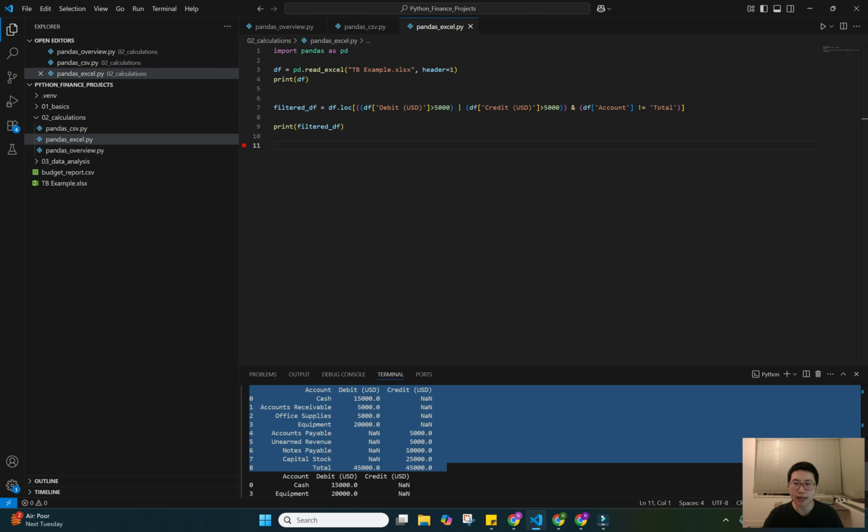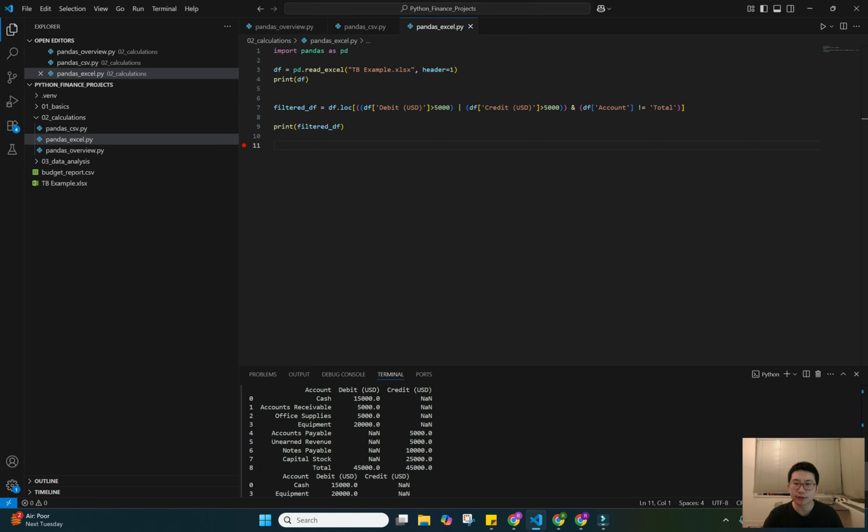If you look at the credit side of the balance, those accounts, because they are asset balances, basically don't have any value, right? So the NaN here is essentially telling us this is a null value. With this, we can use the isnull and notnull methods to quickly find the accounts with debit only balances and also the accounts with credit only balances.